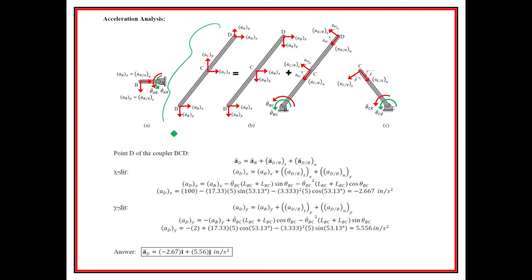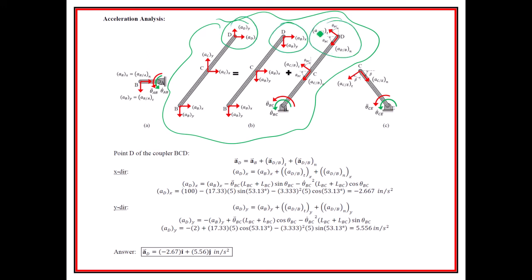So once again, I'm using this diagram, but now I'm focused up on here. I'm still using B as the reference because that's the thing I was able to find from this right over here. And so I'm able to find the acceleration at D in the x direction and in the y direction.